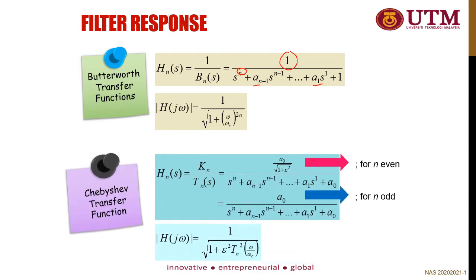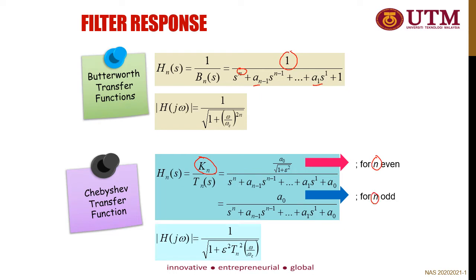Next is the transfer function for Chebyshev. In comparison with Butterworth, which has constant 1 on top, for Chebyshev you have the Kn. Kn depends on the filter order number, whether it is even or odd.